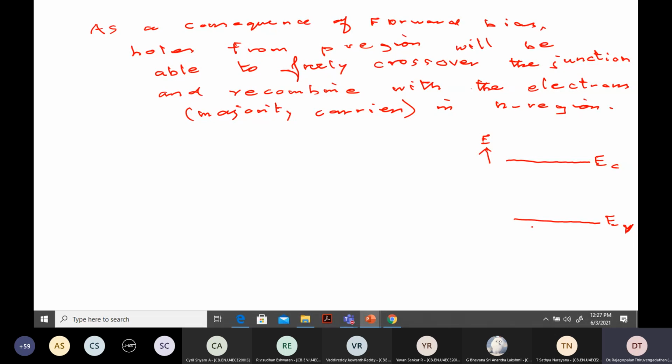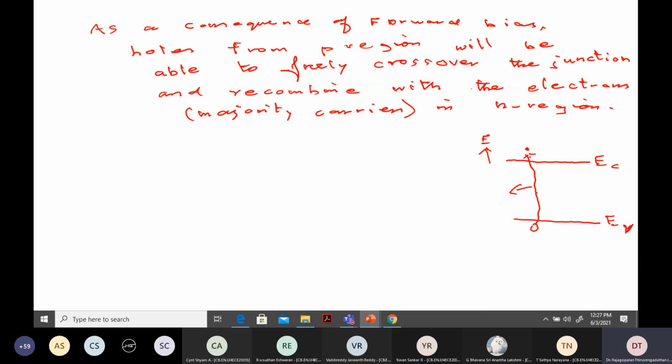Now when an electron is promoted from the valence band, by some means I am going to get an electron over here. So this is my electron which has been promoted. Then we say we have generated an electron hole pair.